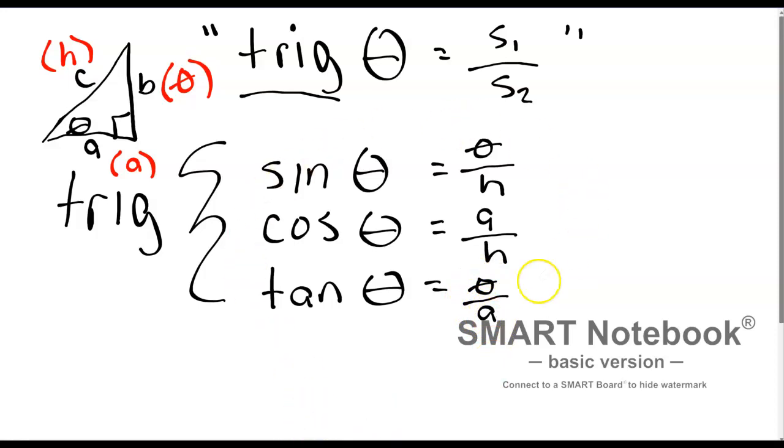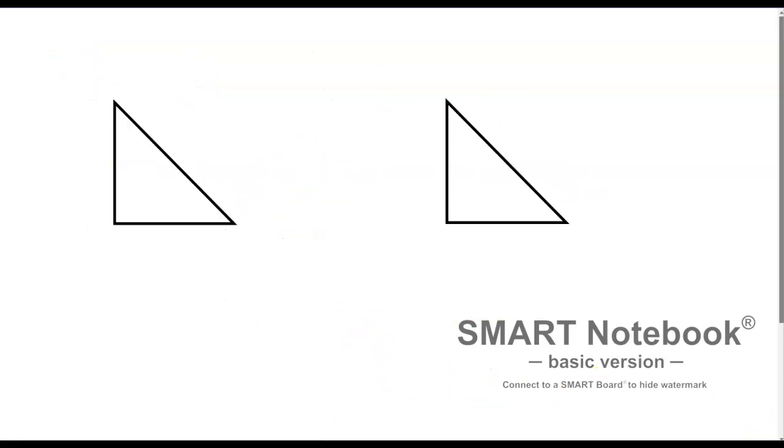This part's very important, so have that in your notebooks. Now, you're going to have triangles that look like this. So let's label these two triangles, just so I can point out a very important detail. It's a right triangle.